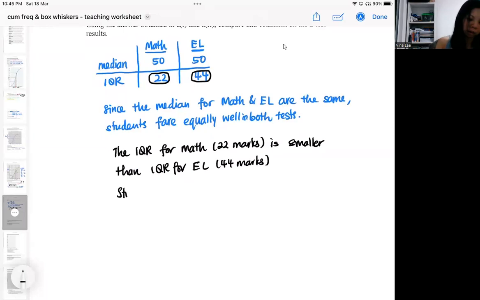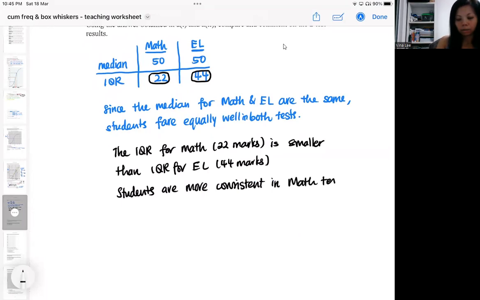So students are more consistent in the math test than English. Because the difference between the top 75 and the bottom 25 is very small, in a way, it's quite competitive.